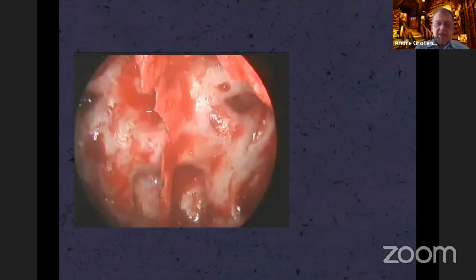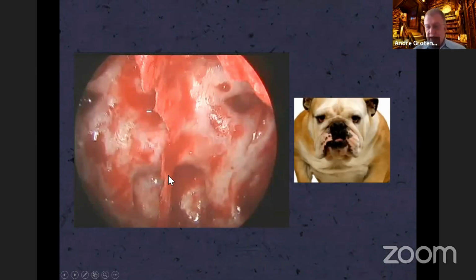So it can be like here, you see on both sides this recess, and a midline septum. I refer to that as the bulldog type of sphenoid sinus, where you have a clear indentation of the clivus. Here, the paraclival carotid arteries on both sides, and the carotid bulge, optic nerves.